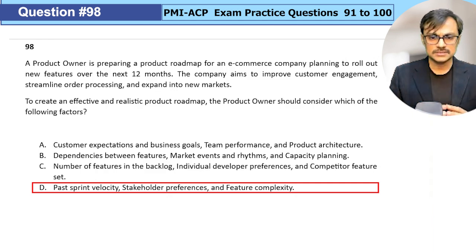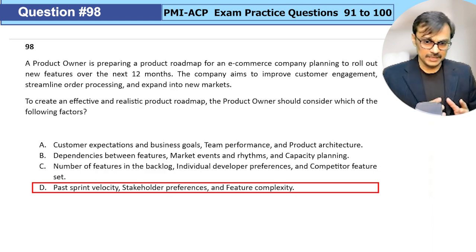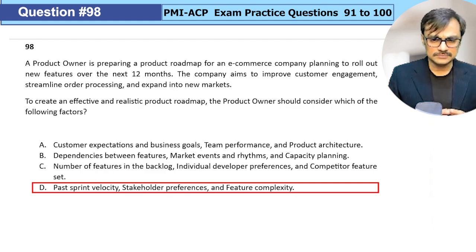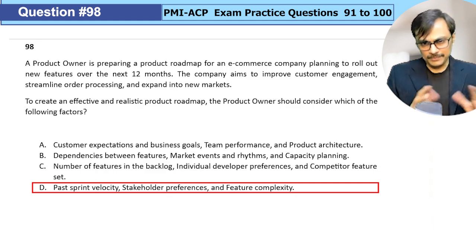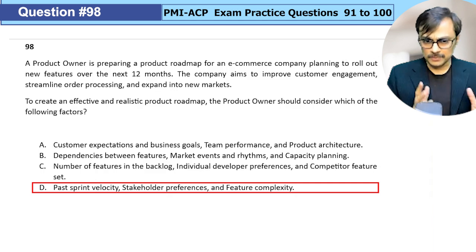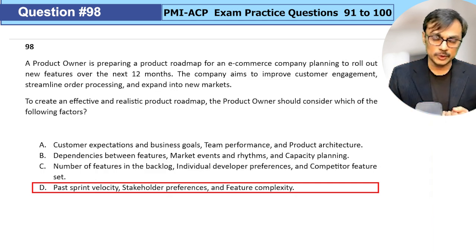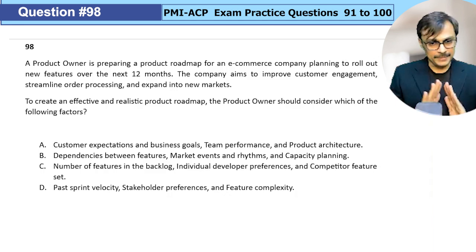Stakeholder preference, maybe. Preference is definitely needed from a business goal, not just stakeholder preference, but it's an input. And feature complexity. I may want to prioritize some features based on complexity, but that's not necessarily always the reason for doing the roadmap. So again, I need to do comparison. I can't say black and white.